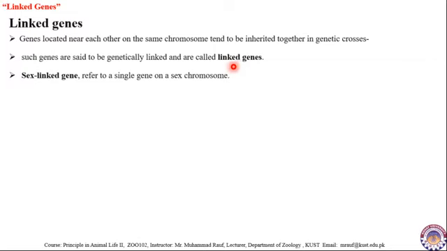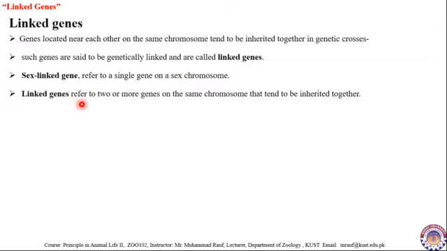You should differentiate the term linked genes from sex-linked genes, because sex-linked genes refers to a single gene on a sex chromosome, whereas linked genes are the genes which are located closer to each other on a chromosome.